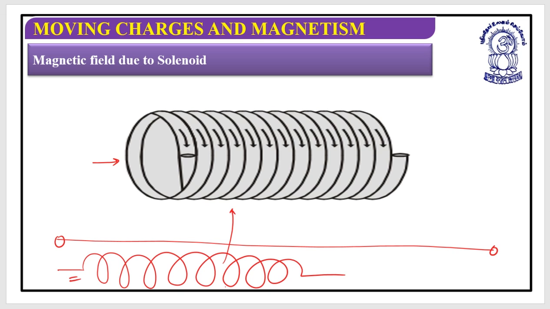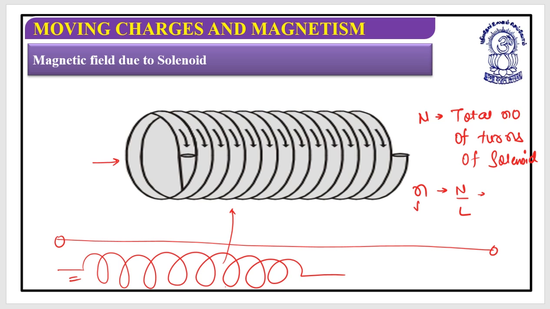Ideally, in the ideal situation, we consider that capital N is the total number of turns of the solenoid, and we represent small n as the number of turns per unit length.